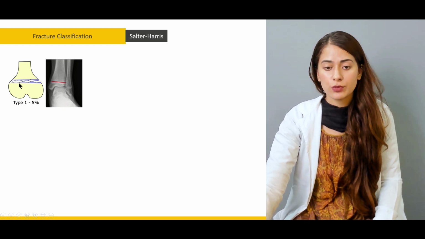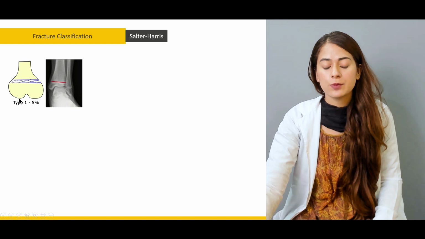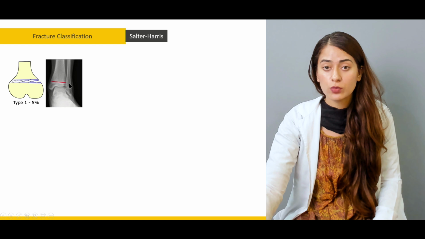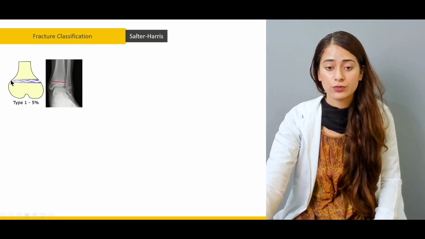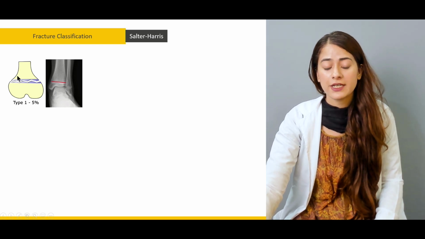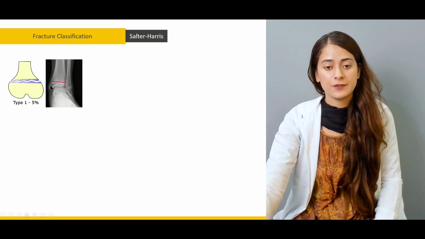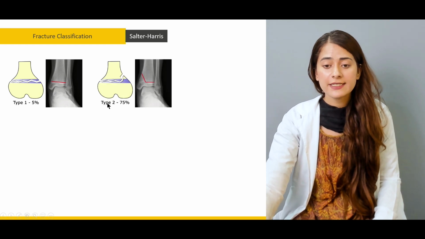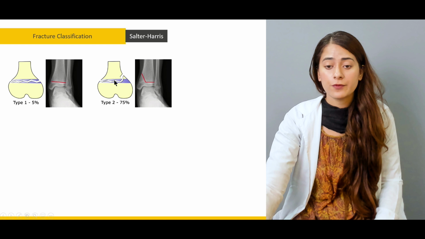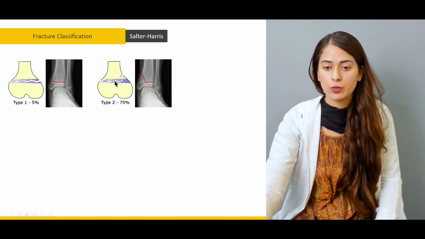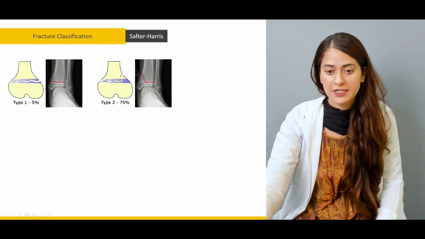So this is the growth plate. And the first type of fracture is the fracture that involves only the growth plate. So it's a through and through fracture, but it involves only the growth plate or the physis of the bone. The second type involves two parts of the bone, the neck or the metaphysis, and the growth plate.